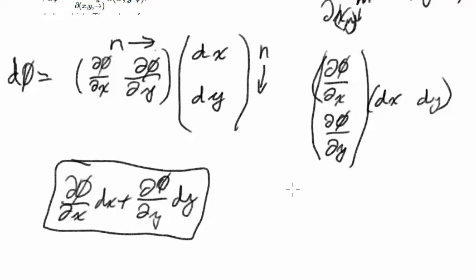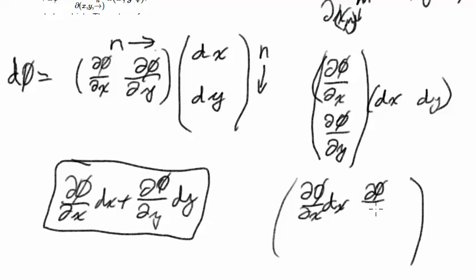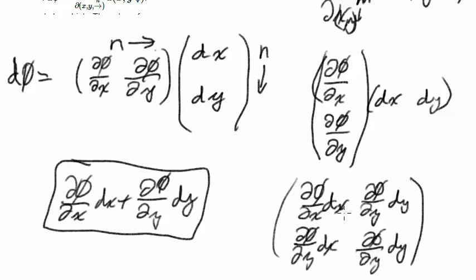On the other hand, this one is going to give us a 2 by 2 tensor, a rank 2 tensor: del phi del x dx, del phi del y dy, del phi del y dx and del phi del y dy. Now I don't know if this really represents anything in particular.